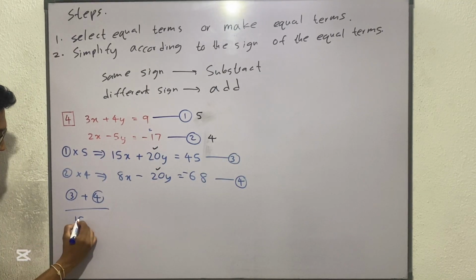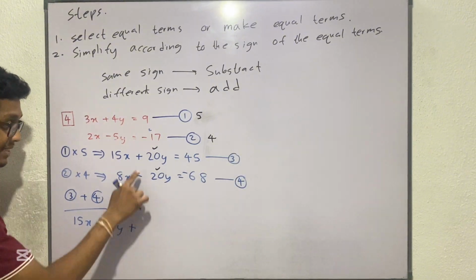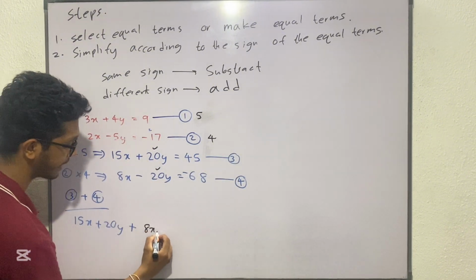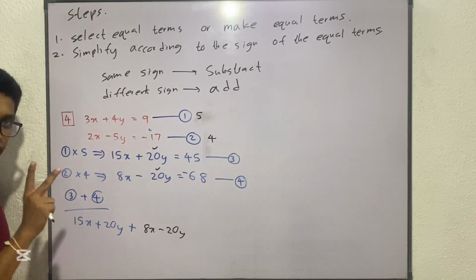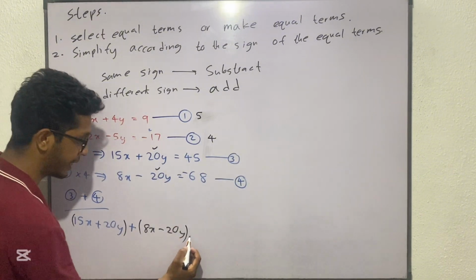15x plus 20y, plus 8x minus 20y, equals 45 plus minus 68. I told you when you have subtraction you must put a bracket. For addition it is not compulsory, but it's better to put a bracket.